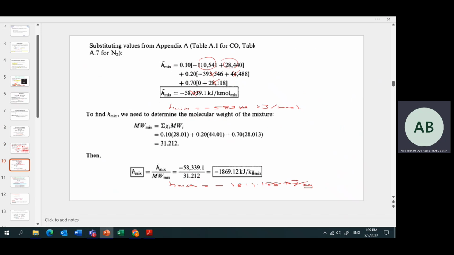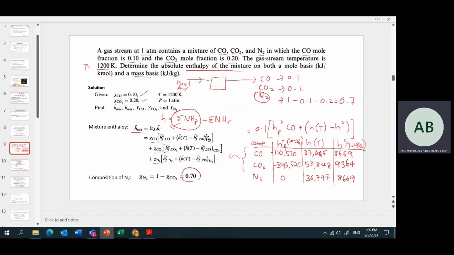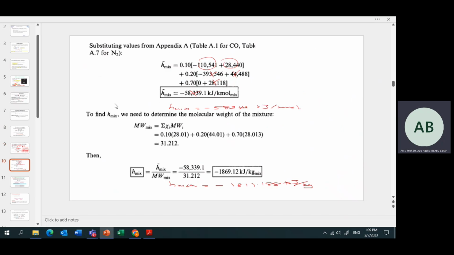Okay, so you should be getting 58,342 for the H mix, kilojoule per kilomole. Now to find the H mix on a mass basis, kilojoule per kg, you should find the molecular weight of the mix first, where the mole fraction is multiplied by each of the molecular weights of the components. Sum up all together, then you will get the molecular weight of the mix.